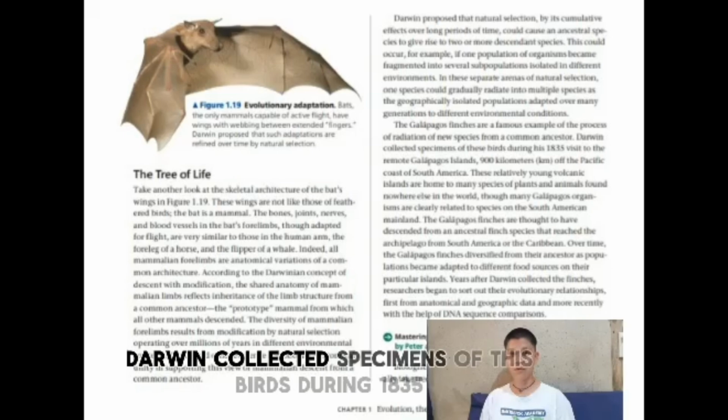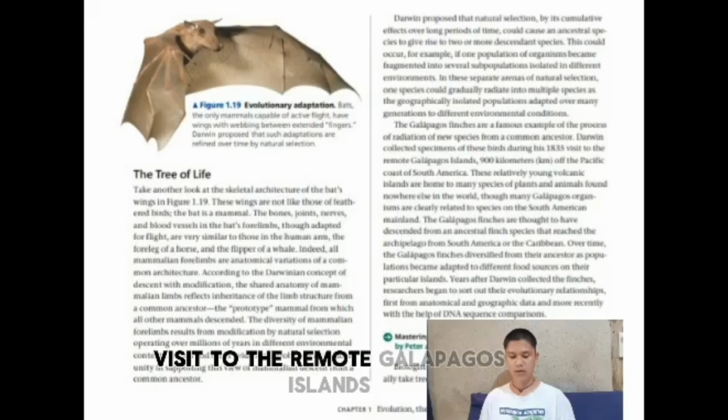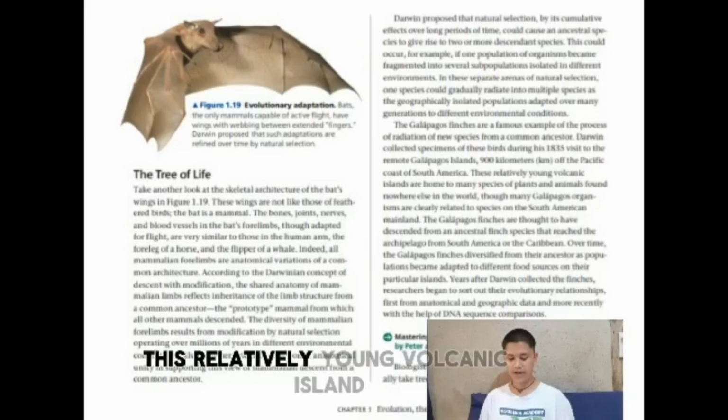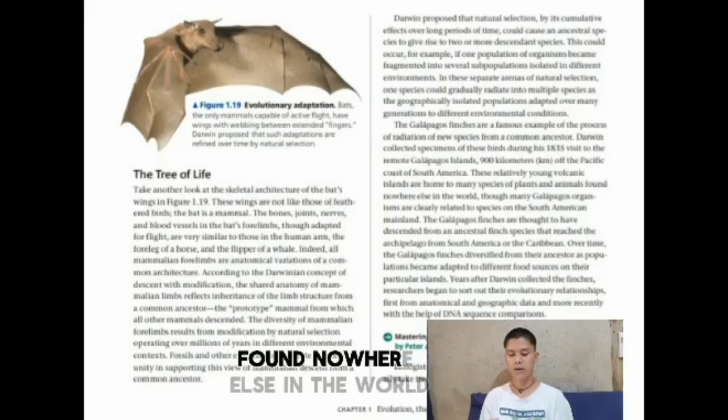Darwin collected specimens of these birds during his 1835 visit to the remote Galapagos Islands, 900 kilometers off the Pacific coast of South America. These relatively young volcanic islands are home to many species of plants and animals found nowhere else in the world.